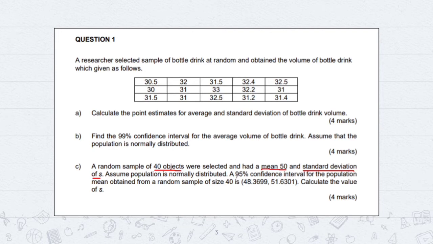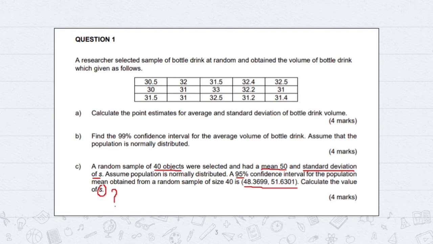A 95% confidence interval for the population mean obtained from a random sample of size 40 is, this is the given CI, the confidence interval. Calculate the value of S. So the question asks about the S value. We need to find what is the value of S.